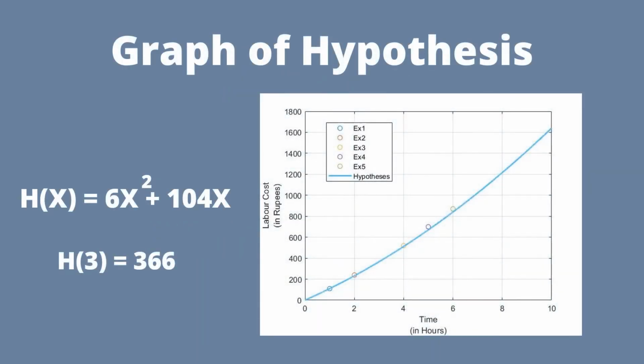This is the hypothesis curve representing the labor cost estimation over a range of variable time. By putting the value of x, that is the time of labor, we can get the labor cost. Here, we can choose labor time as 3 hours and we get 366 rupees as the labor cost.